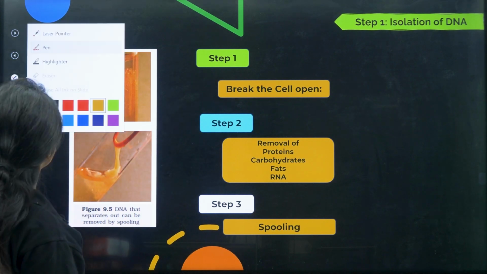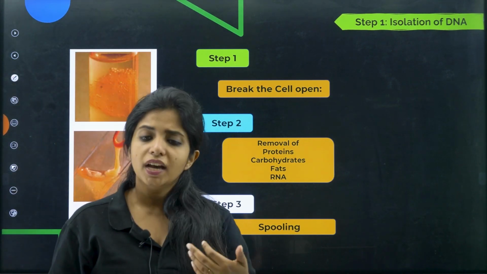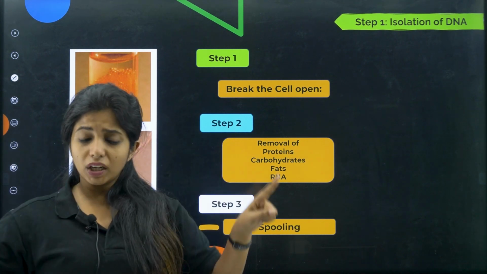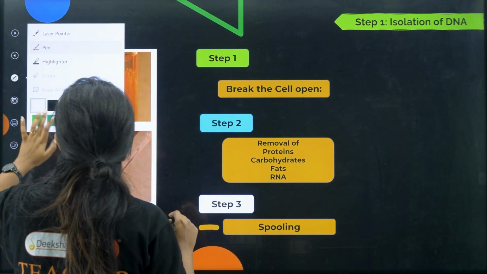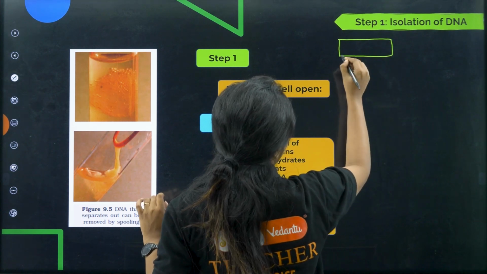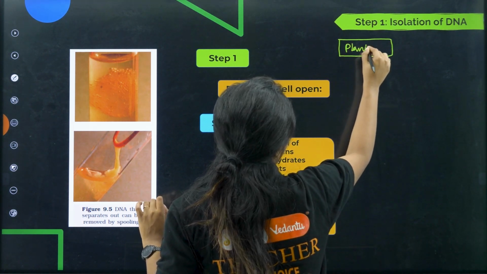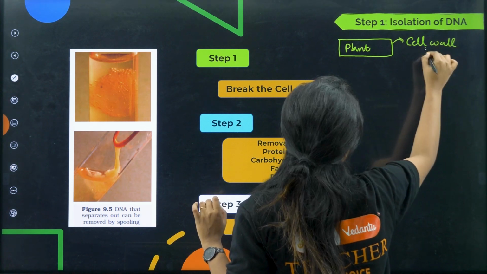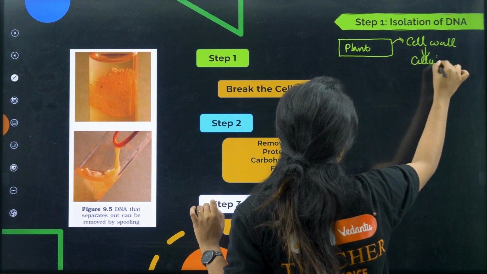You know DNA is inside the nucleus in the case of eukaryotes. In the case of prokaryotes, it's freely lying there in the nucleoid region. Anyways, whatever cell it is, it will have a covering outside. For example, if this is a plant cell, it has a covering outside which is known as cell wall, and the cell wall is made up of cellulose.